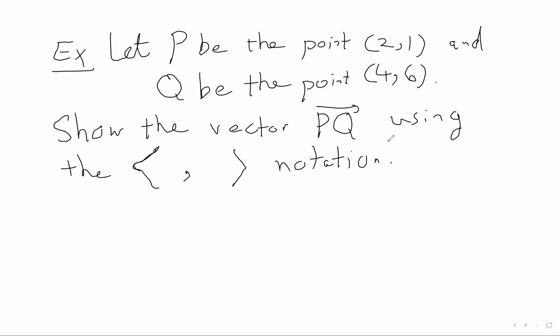So what numbers should I put inside this? What are the two numbers? So the question is, in fact, let me rephrase this question. So we have a vector with the initial point of 2, 1.